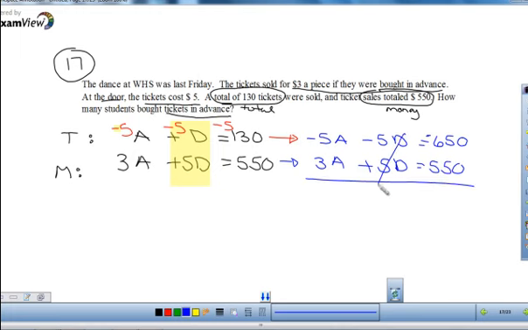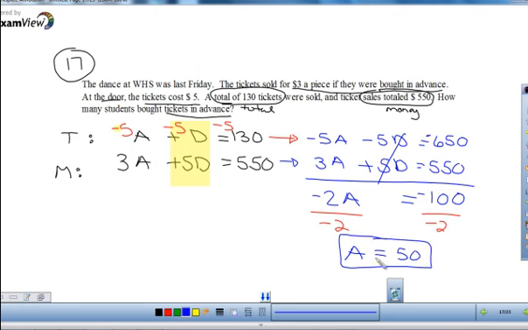Okay, so notice the d's cancel. So negative 5a plus 3a is negative 2a. We're going to subtract, keep the sign of the larger number. Negative 650 plus 550. Again, we're going to subtract, keep the sign of the larger number. We're going to divide by negative 2. So negative 100 divided by negative 2 is 50. So 50 tickets were sold in advance.